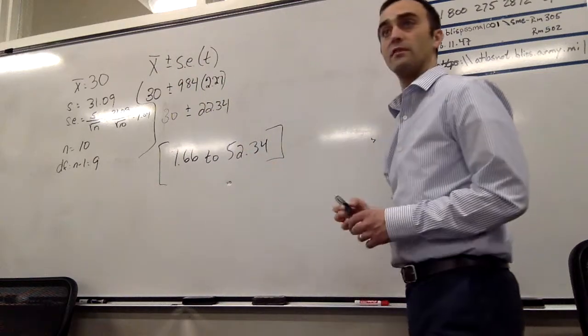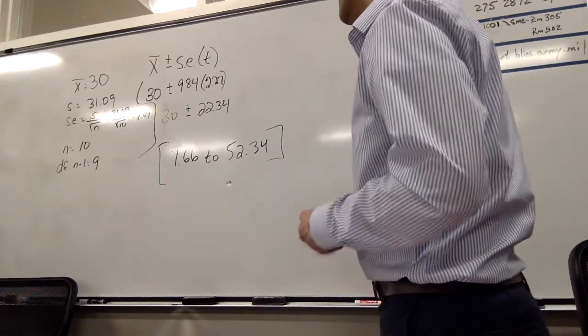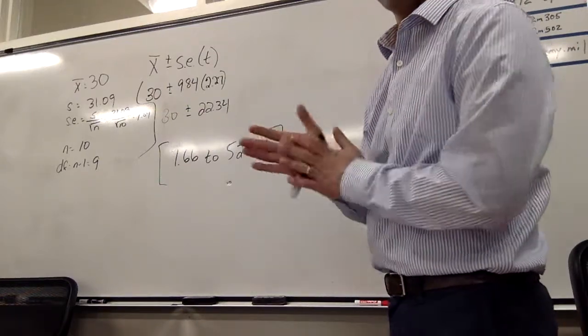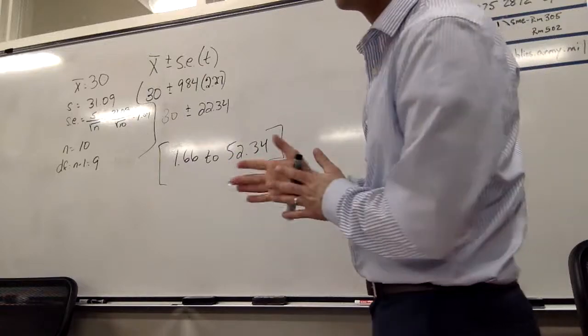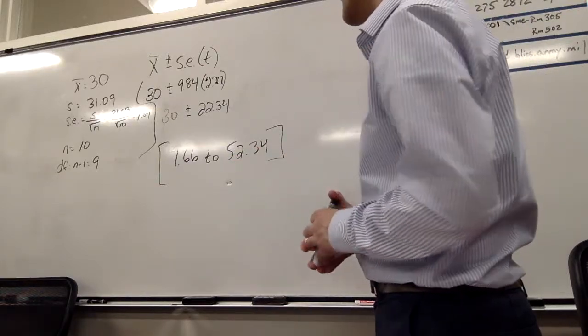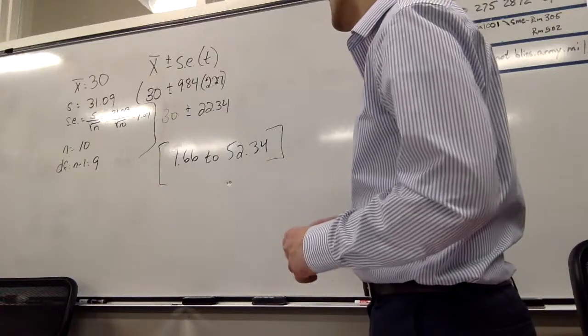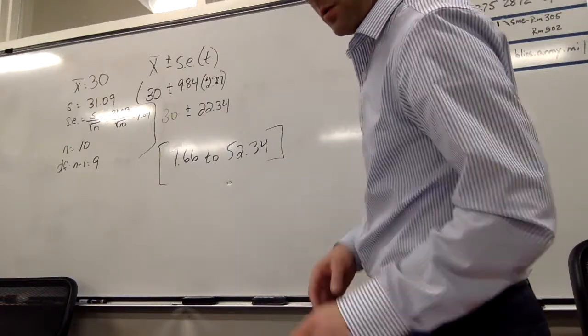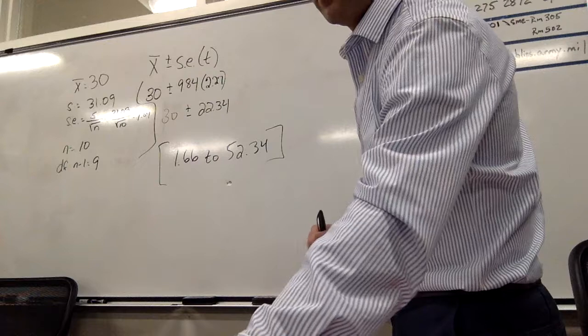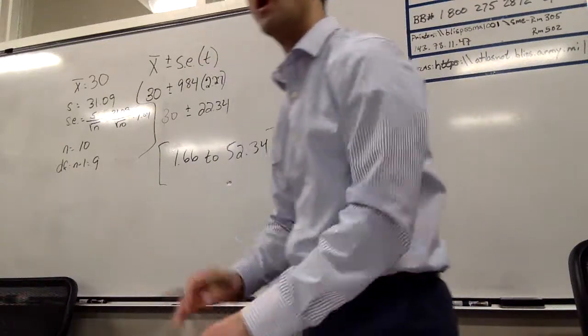And that's the 95% confidence interval that he can be certain the average donation is between. Fairly large range. Questions on 10-1?